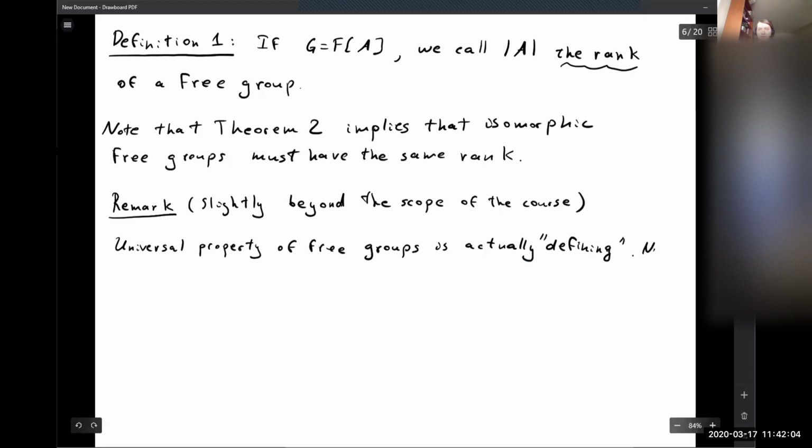So namely, proposition 1 would be as follows.